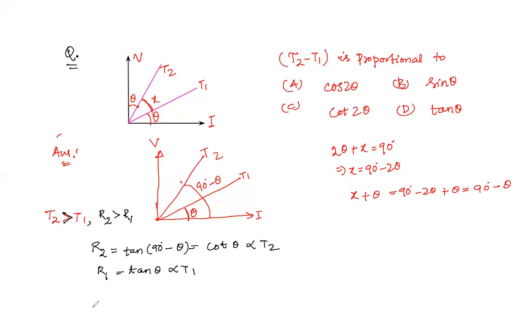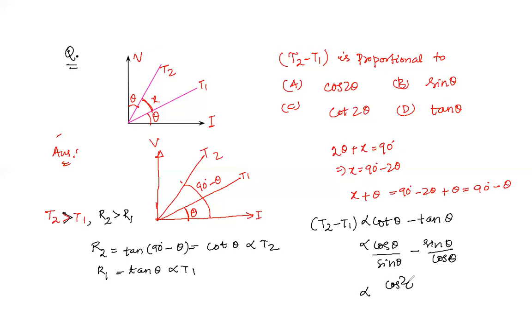We have to find out T2 minus T1. So in the next part, let me continue the calculation with T2 minus T1 is directly proportional to cot theta minus tan theta, right? Cot theta minus tan theta. Now this is cos theta by sin theta minus sin theta by cos theta, which is eventually going to give you cos square theta minus sin square theta divided by sin theta into cos theta.